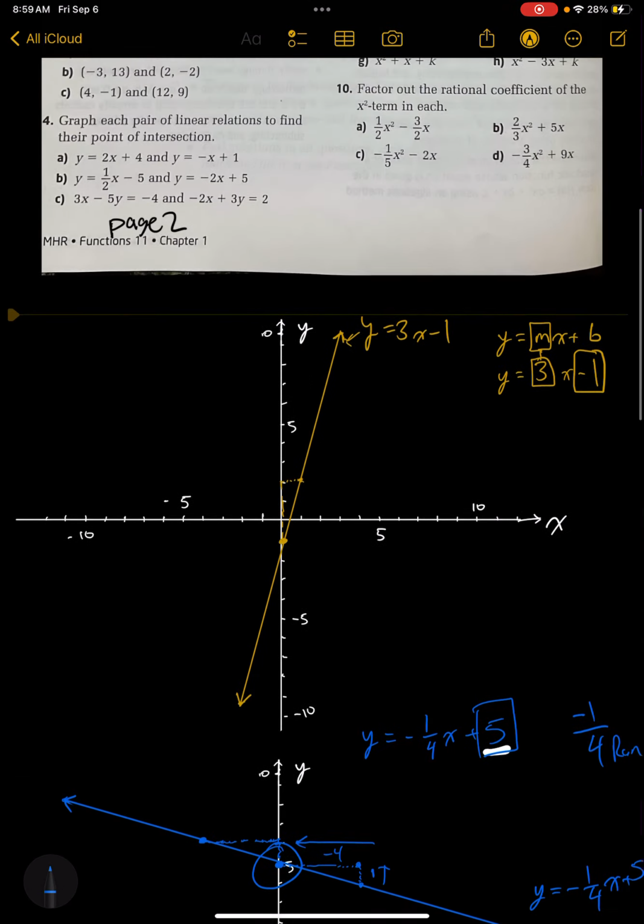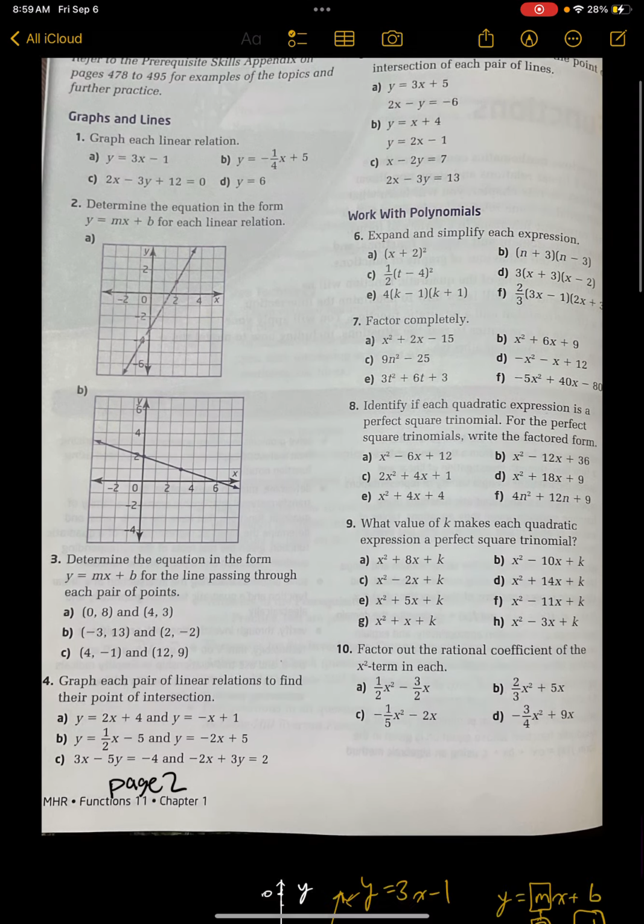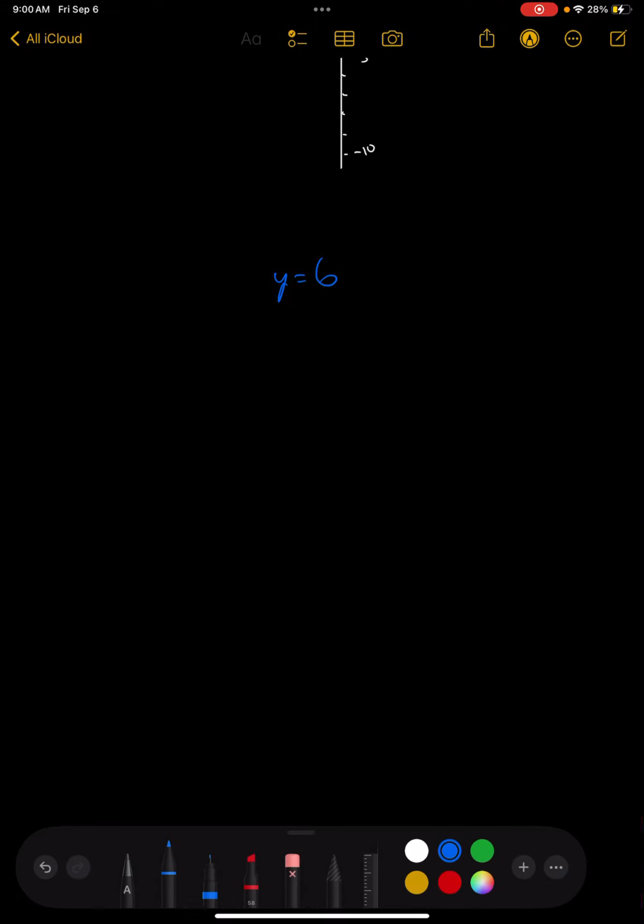Okay, so finally for question 1, we have y equals 6. How do we graph that?